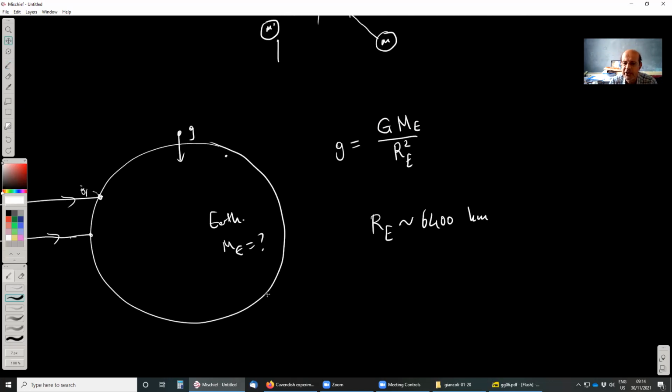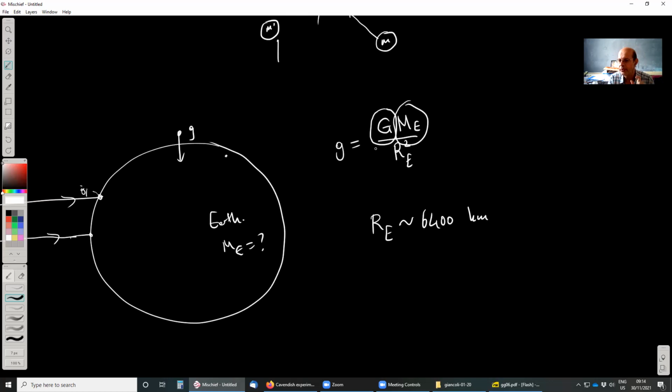In any case, even the Greeks were able to measure the size of the moon and the distance from the Earth to the moon. You can read the stories from somewhere else. So this was a known figure. The only unknowns here were the gravitational constant and the mass of the Earth.